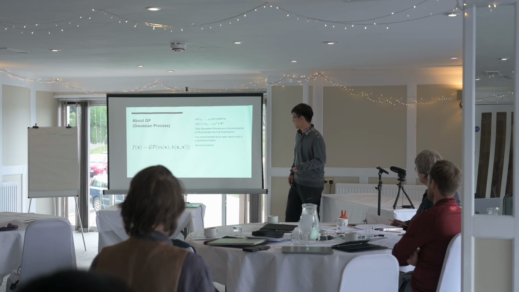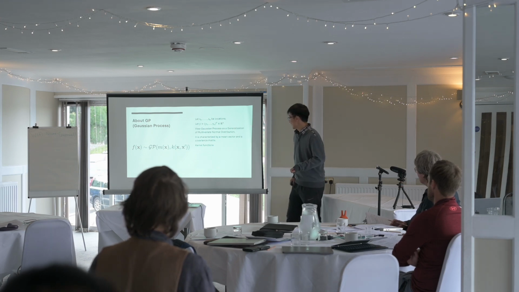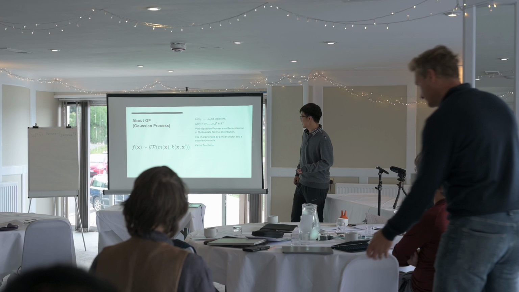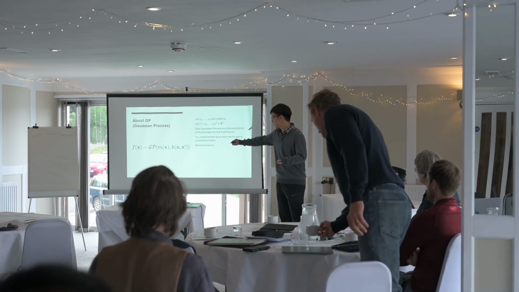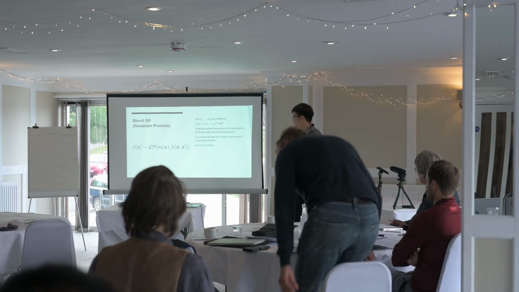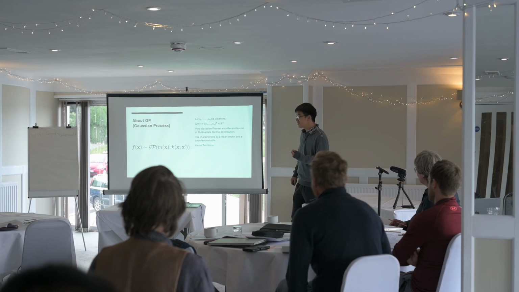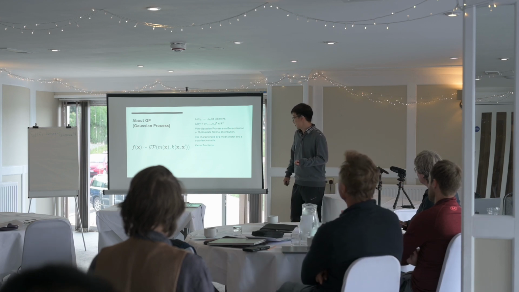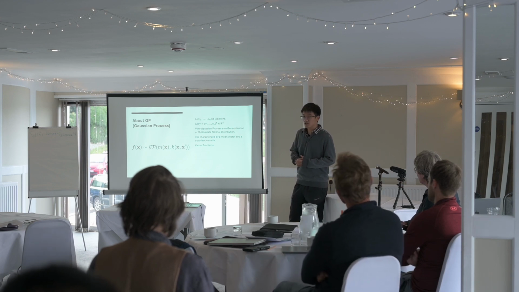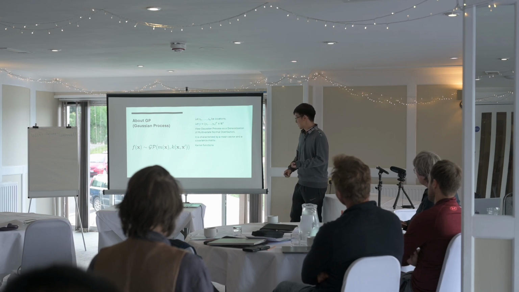As you can see in this formula, the Gaussian process is characterized by a mean vector, m(x), and a covariance matrix K. Inside the covariance matrix, there are kernel functions that quantify the relationship between any two locations in a dataset.